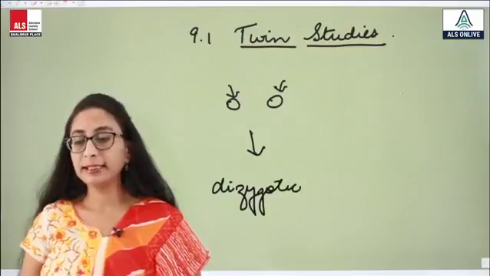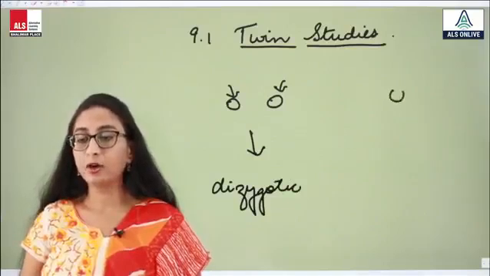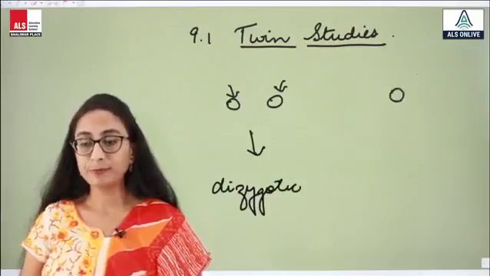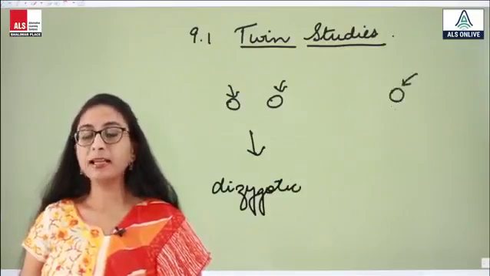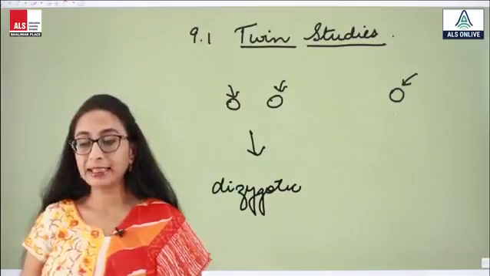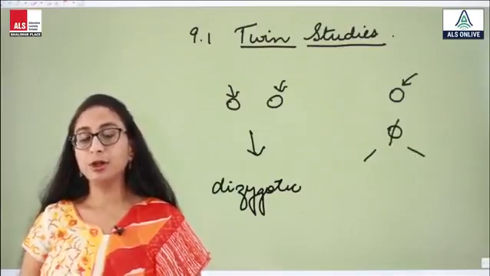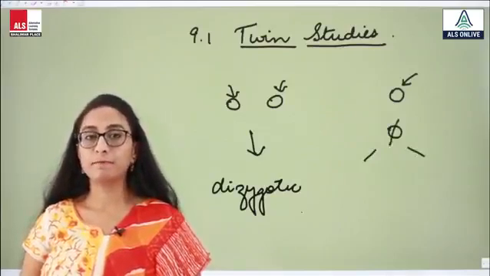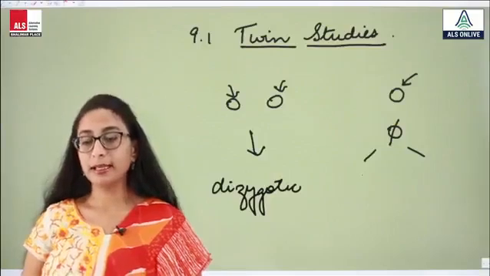And when a single egg or ovum is fertilized by a single sperm, and then after formation of the zygote or the embryo, this embryo divides into two, giving rise to two different kids, then we call them monozygotic twins.